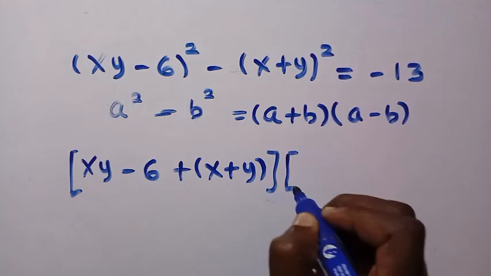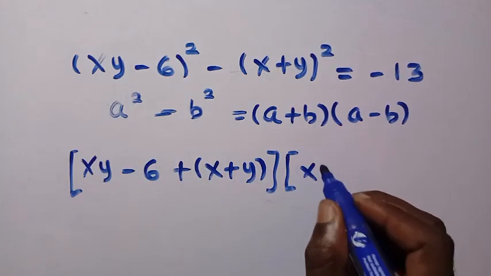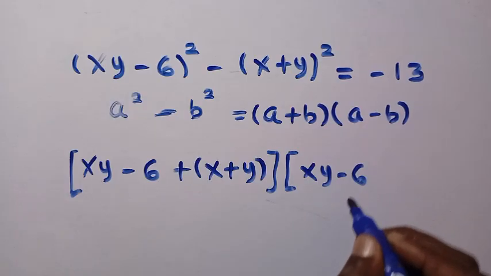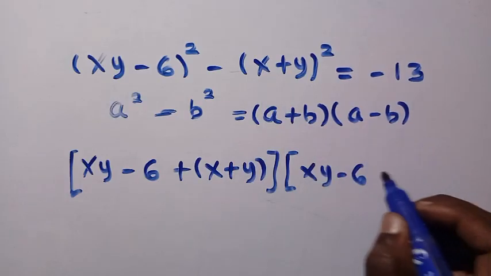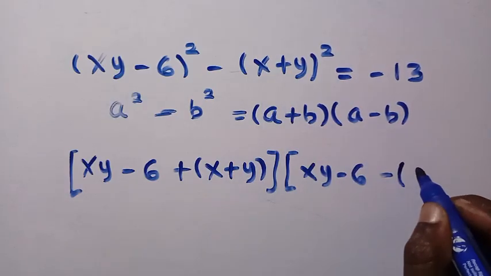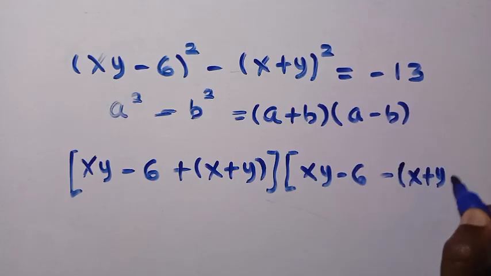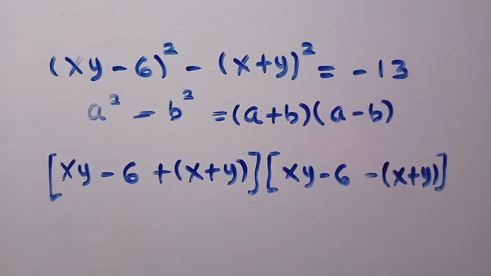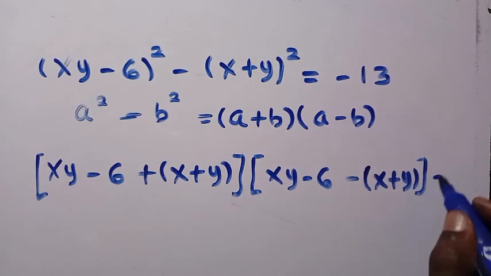Then the second part, which is (xy − 6), going for negative, minus (x + y), and everything here equals −13.